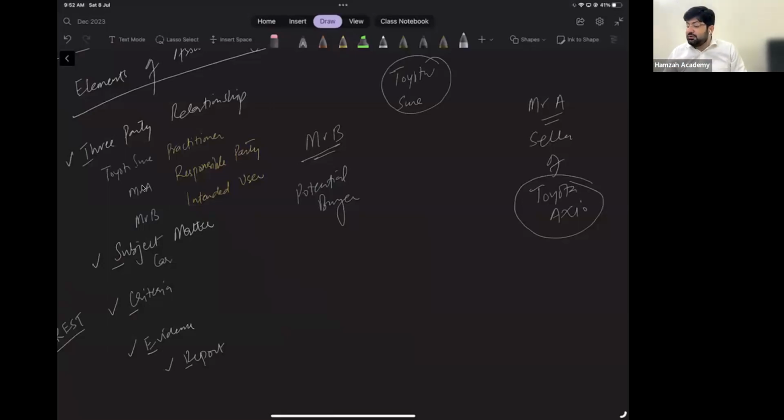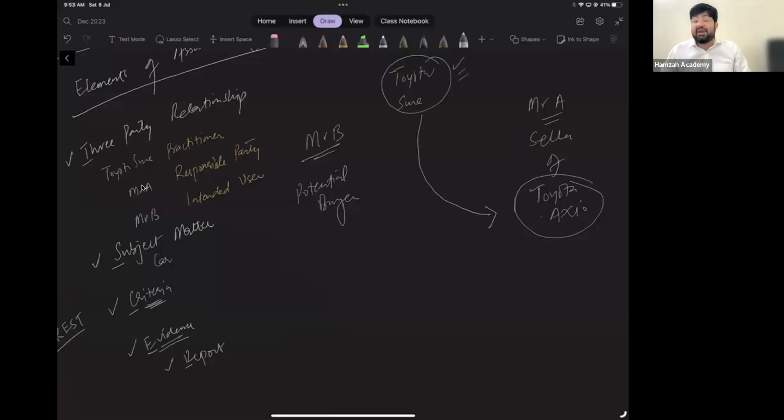And then what they do, they have their criteria of a standard car. They have the criteria that this is the standardized car in good condition. They compare this car against the criteria. They check this car, perform work.